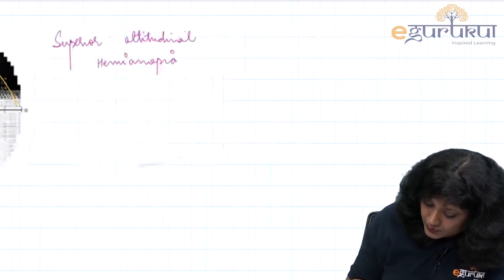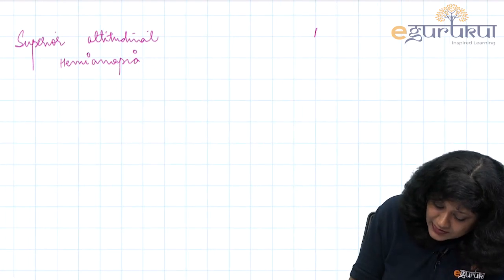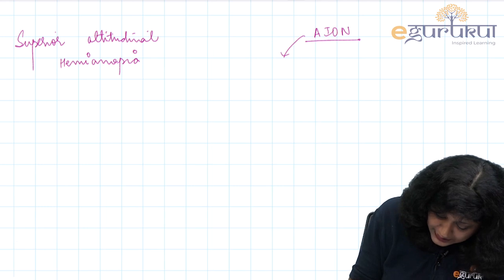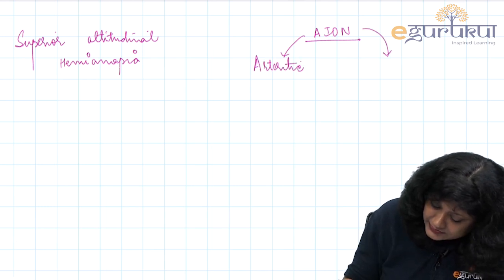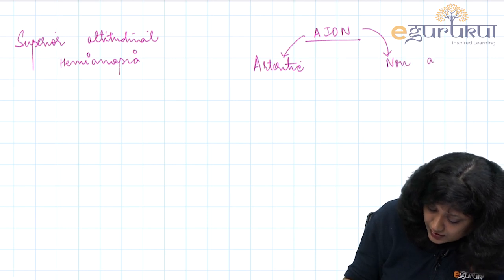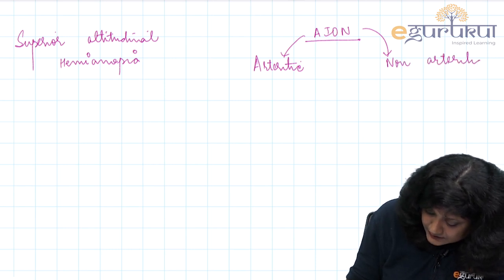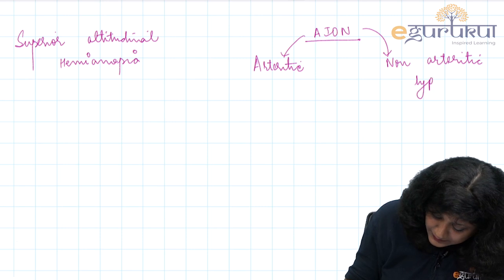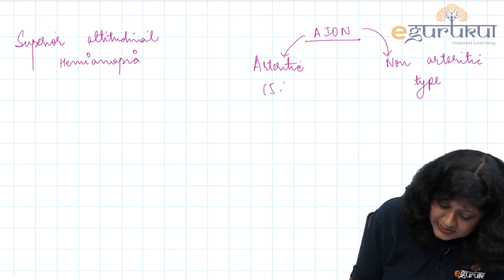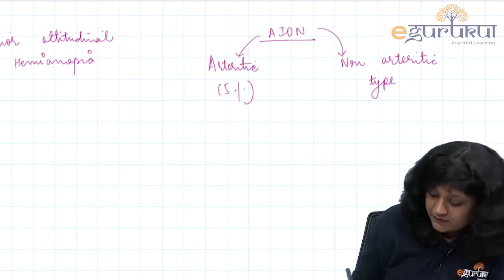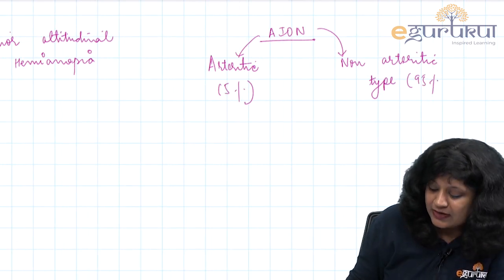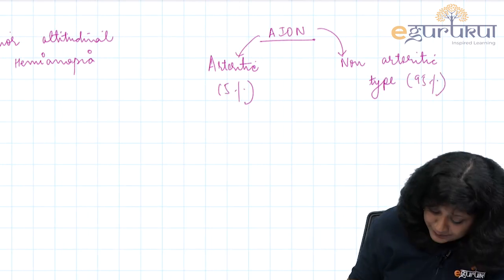Now, one thing which is important, like we have anterior ischemic optic neuropathy, this can be of two types. One is the arthritic type and another is the non-arthritic type. It is only 5% of cases that we get arthritic. Mostly we get the non-arthritic, 95% is the non-arthritic type.